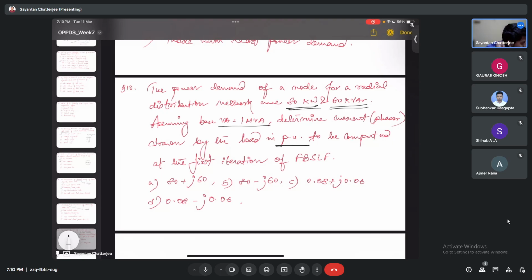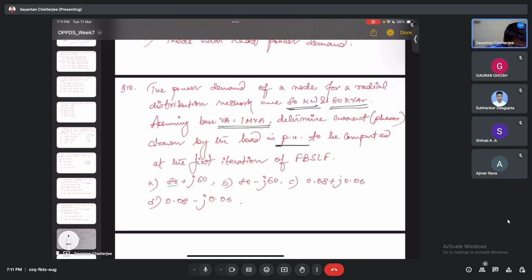Base kVA is required, sir. Base kVA is 1 MVA, given. Base kV is not required. We need to just calculate the power, right? Yes.